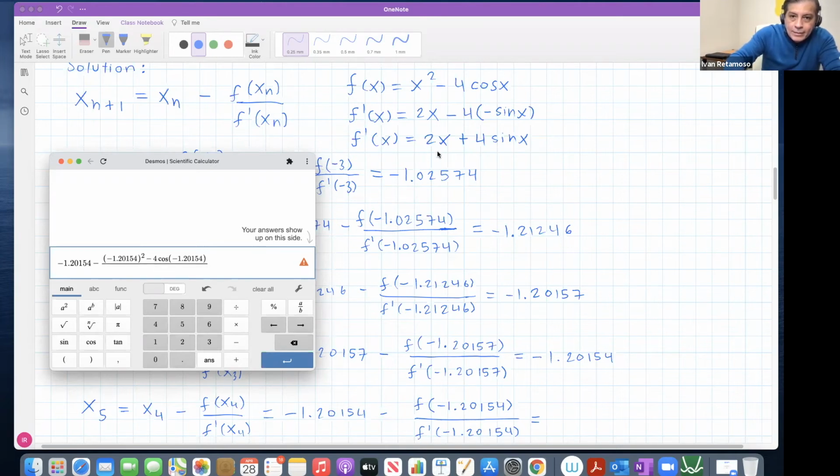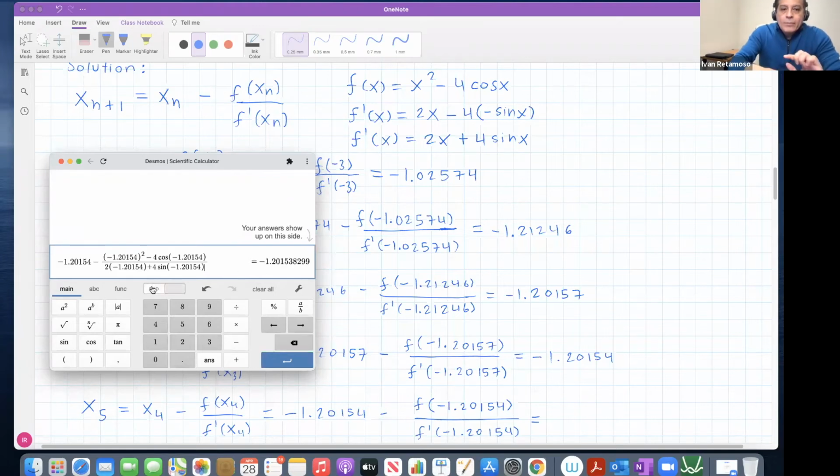On the bottom, the derivative, twice x, within parentheses I paste my input value, and then plus 4 times sine of the same value. That's it. Don't forget the computation must be done in radians. Look at this, guys.